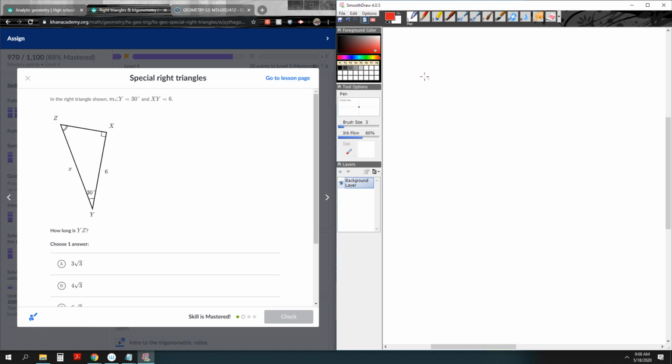Taking a look at your standard 30, 60, 90. Here's 30. Oh, no, that's 60, 60, and 30. 30, 60, 90. Well, we know our 30 is here. Our hypotenuse is unknown, and the medium side is 6. Our basic one says that this is 2a, this is 1a, and this is a root 3.